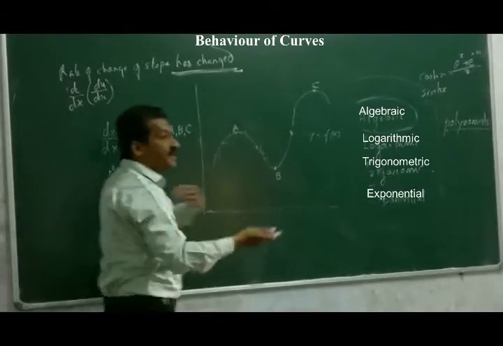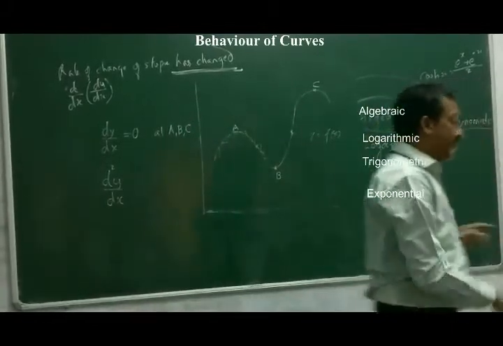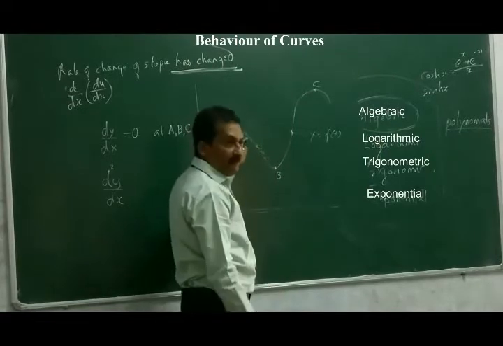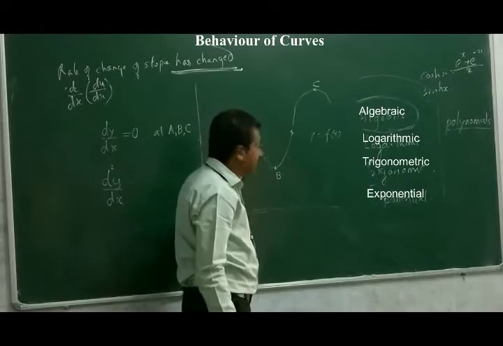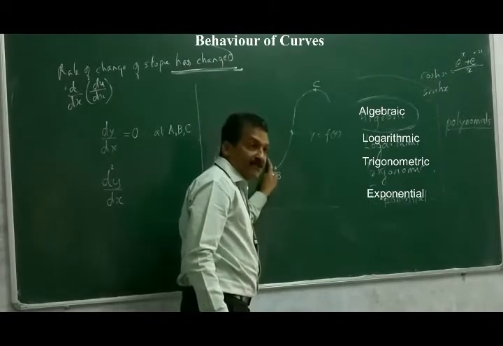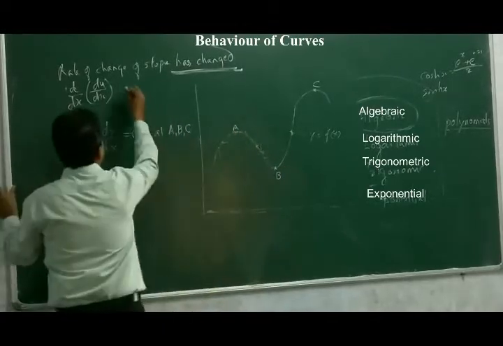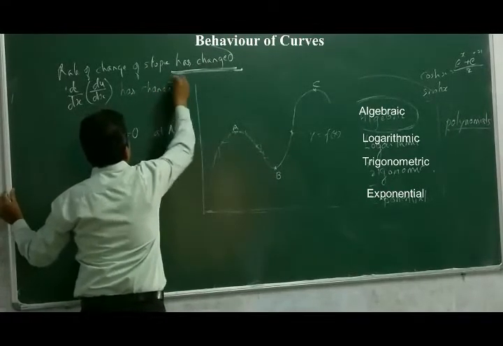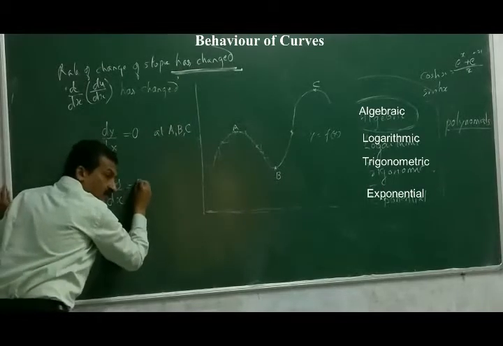From here to here, it was negative, more negative, more negative. Now it is becoming less negative, less negative, until it becomes 0. So it has changed. Means d squared by dx squared equal to 0.